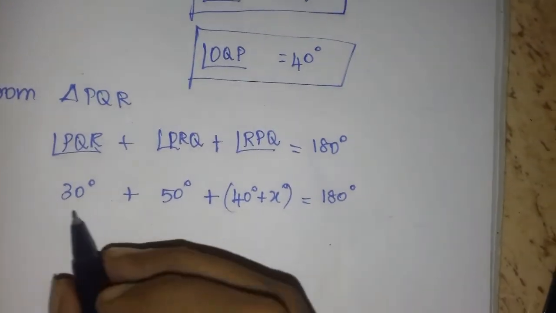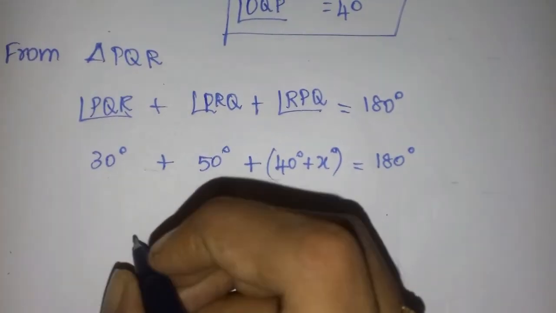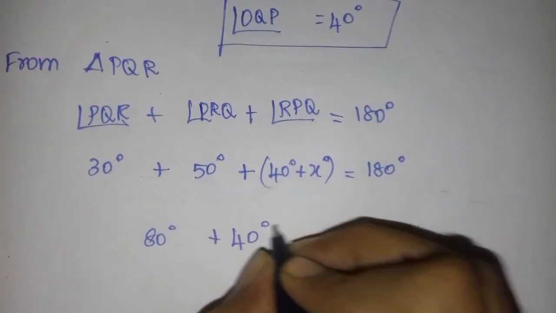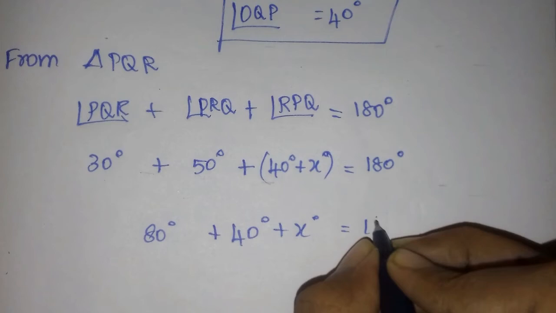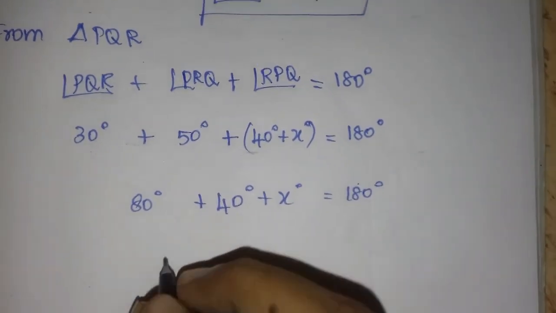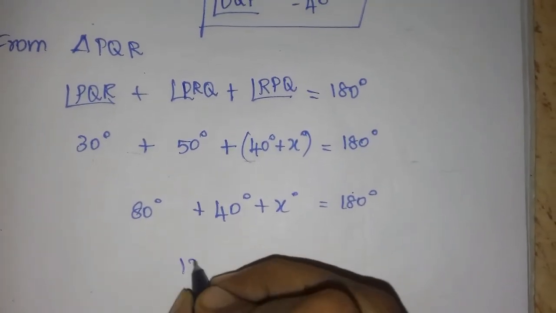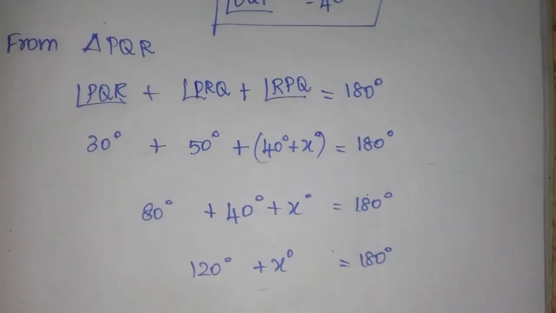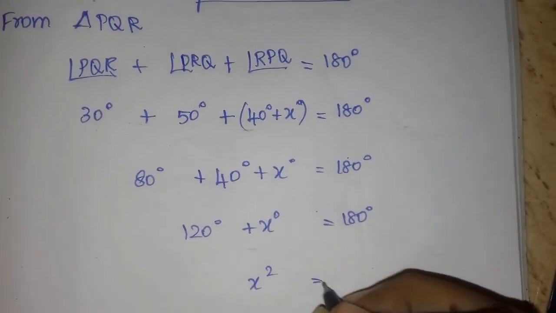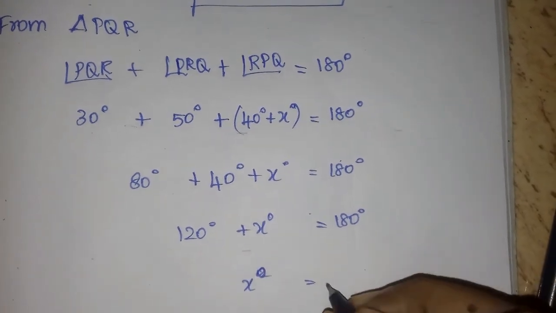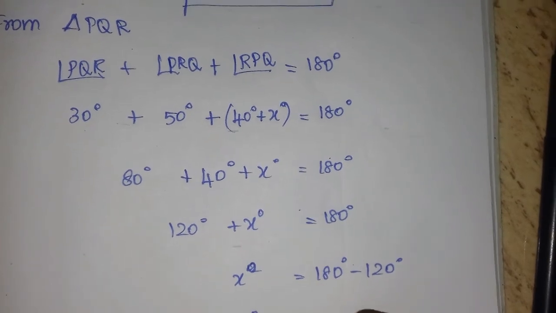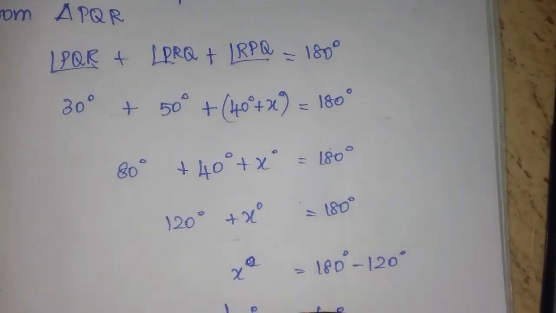Now we have to solve this. 50 plus 30 is 80 degree plus 40 degree plus x degree is equal to 180 degree. Now 80 plus 40 is 120 degree plus x degree is equal to 180 degree. Now in next step, x degree is equal to, this 120 goes there as minus 120 degree. So x degree is equal to 60 degree.